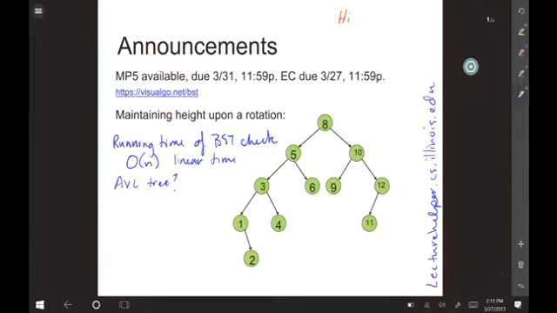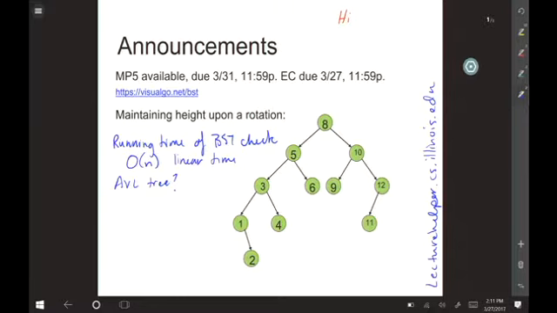And if it is not, then what I'd like you to do is take your fingers and put a finger on each of the nodes that's out of balance, that is the root of an unbalanced tree.